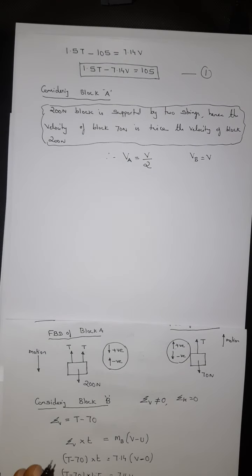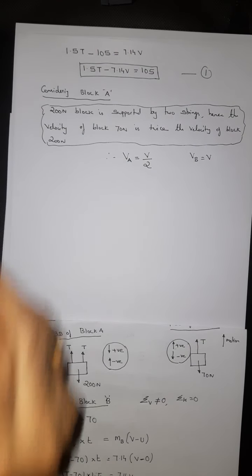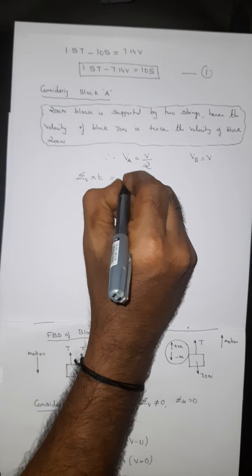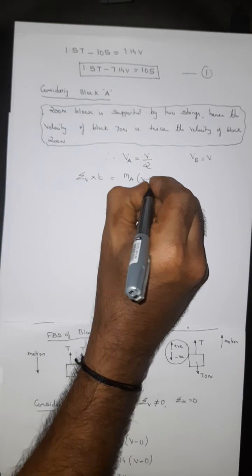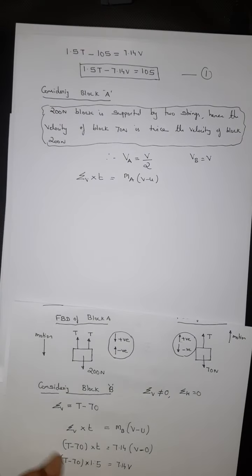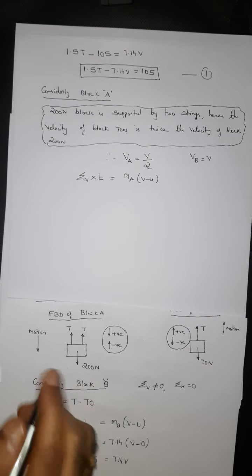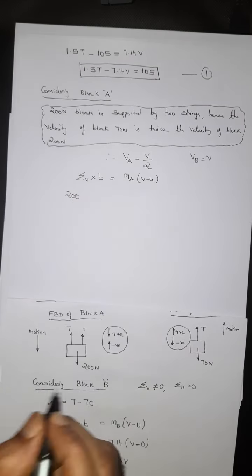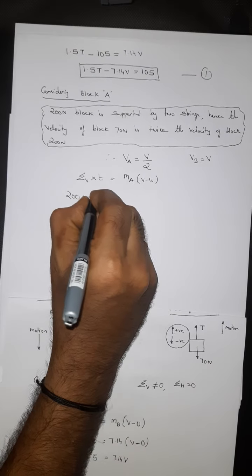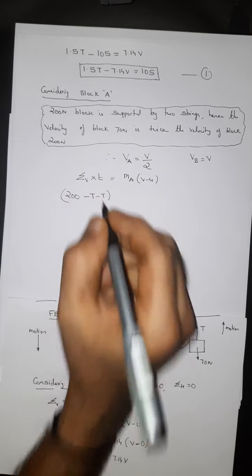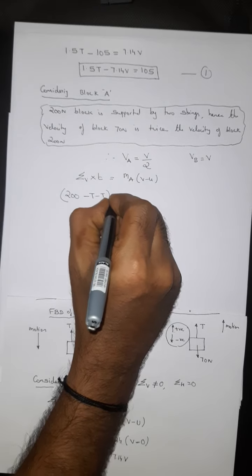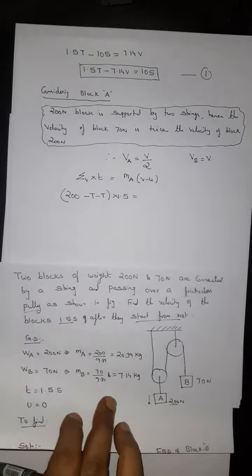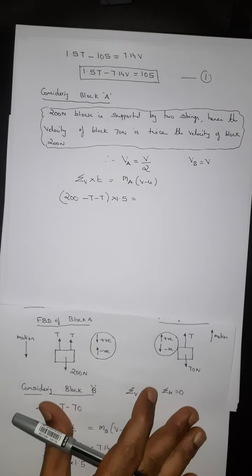So now let me resolve the forces here. Summation V into t equal to MA into V minus U. Summation V, here downward is positive, therefore 200, upward is negative, minus 2T, into t which is 1.5 seconds, equal to mass of A. Mass of A is 20.39.